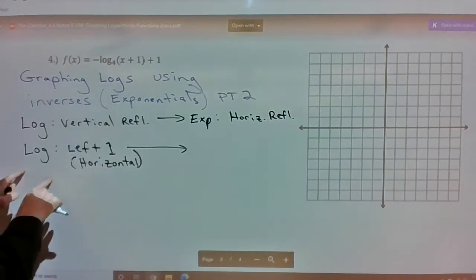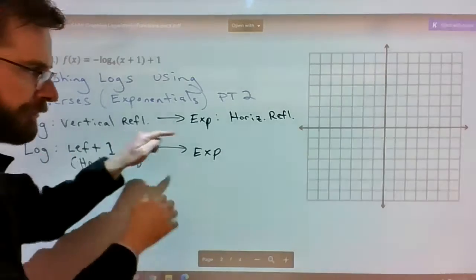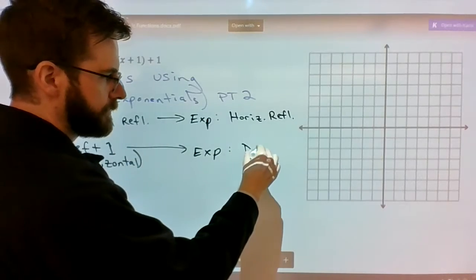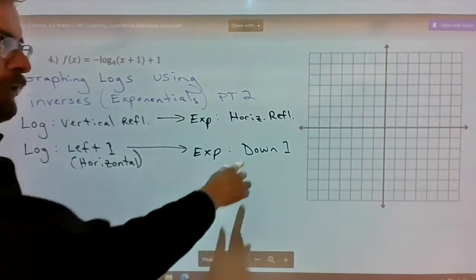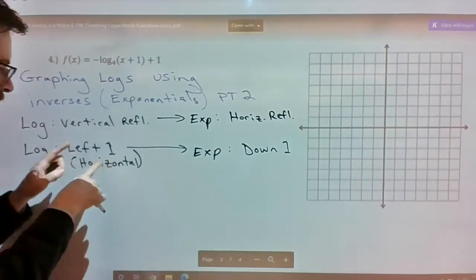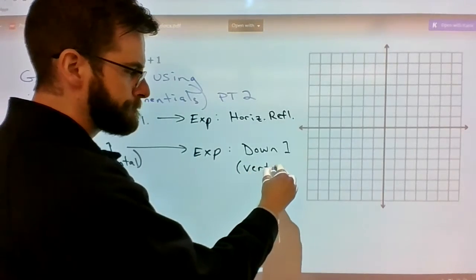Left 1 for the log means down 1 for the exponential. Okay, see how that works? If vertical goes to horizontal with our reflections, then horizontal goes to vertical for our shifts.